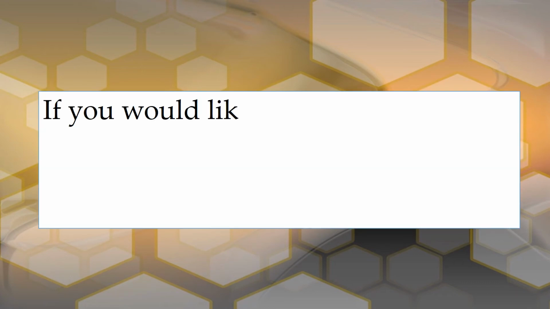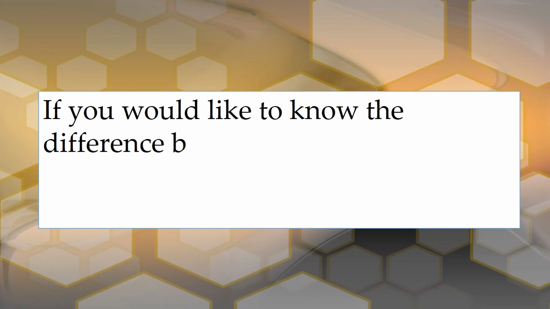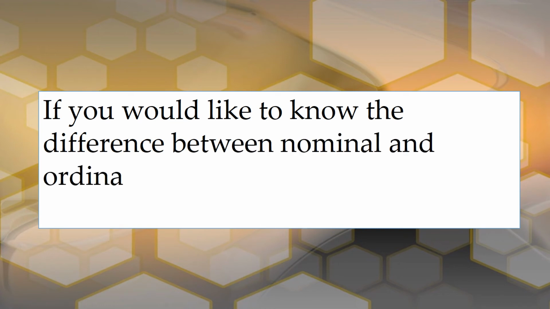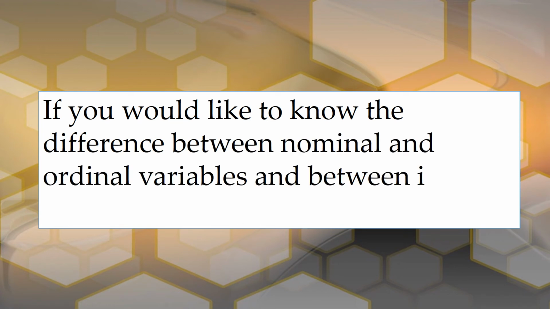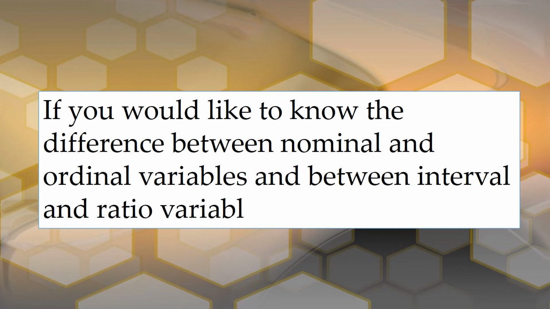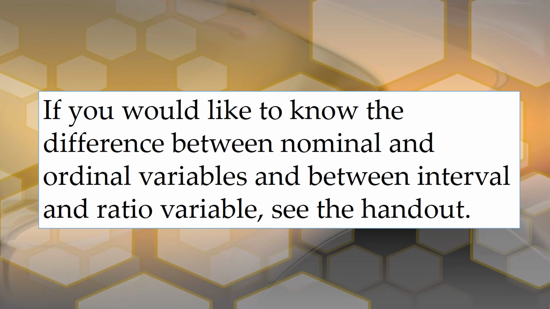So for people who can't get enough of statistics, here's a little note for you. If you would like to know the difference between nominal and ordinal variables and between interval and ratio variables, you should see the handout. I kind of skipped over this part, but nominal and ordinal variables are categorical variables, and interval and ratio variables are scale variables.